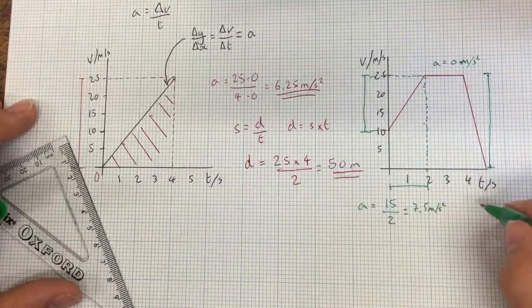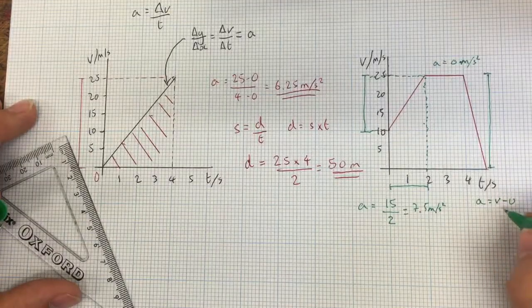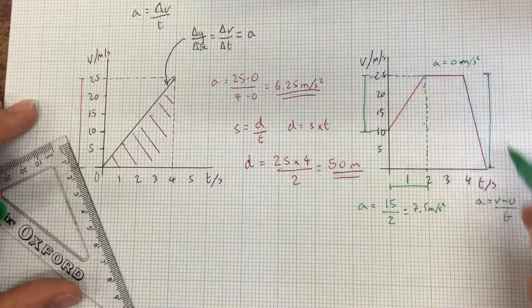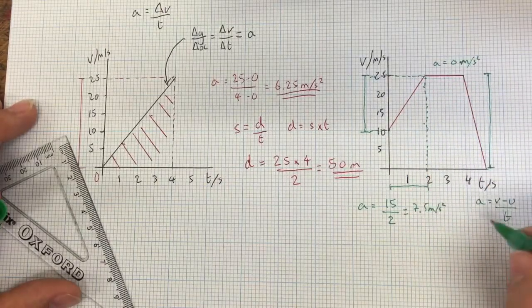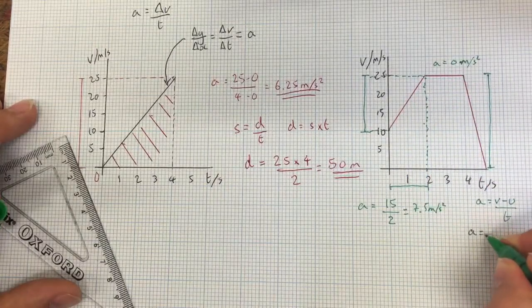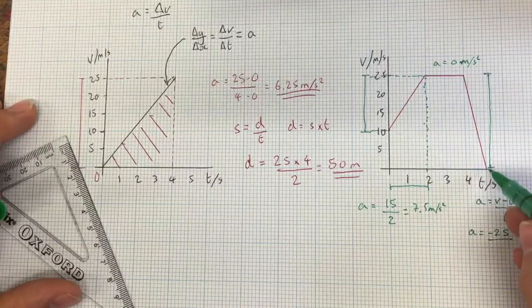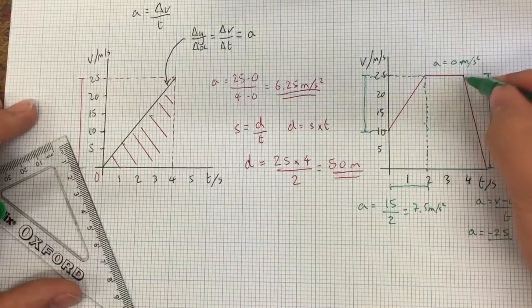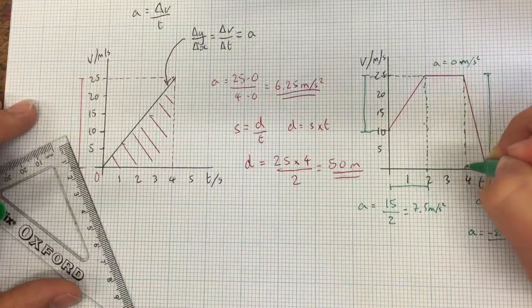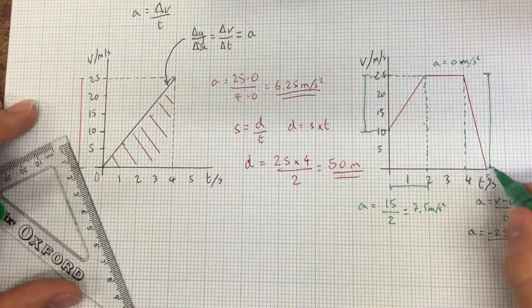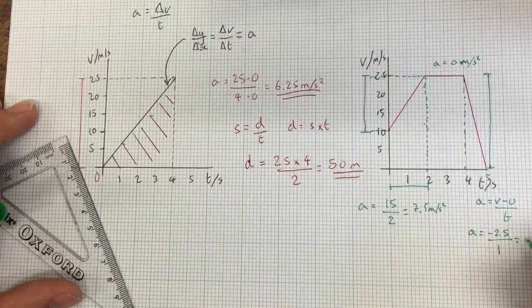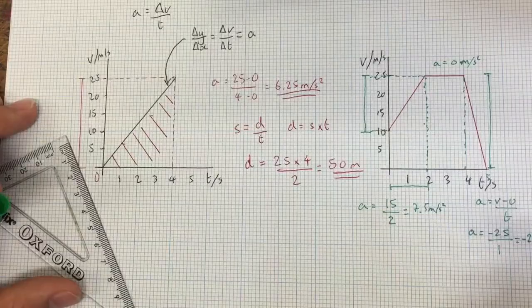If we use our equation, acceleration is final speed take away initial speed divided by time. The final speed is 0, the starting speed is 25, so this will actually be minus 25 because it's going downwards, and it does this in a time of 1 second. So it's actually got an acceleration of minus 25 meters per second squared.